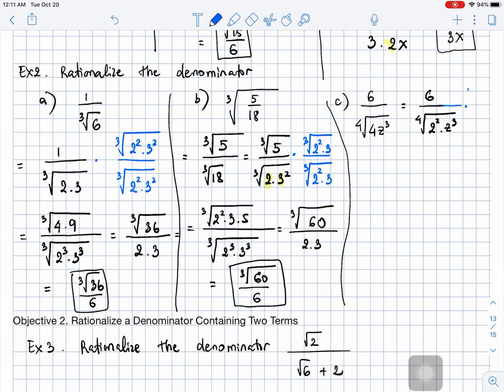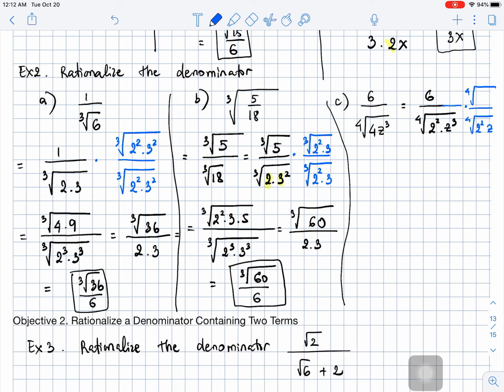Problem C, we need to write both of them in exponent and factor form. So we get 6, and then the fourth root of, we're going to write 4 as 2 squared, and z cubed is already in the form. Now we need to multiply, so we multiply by the fourth root and the fourth root. We need to rationalize both 2 and z.